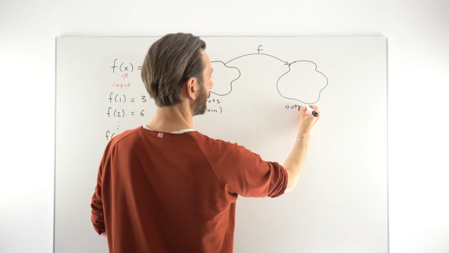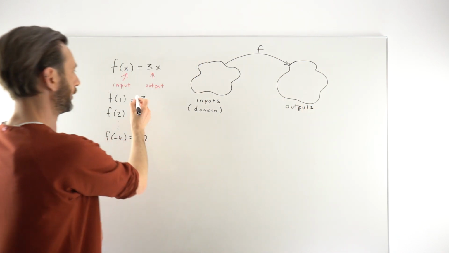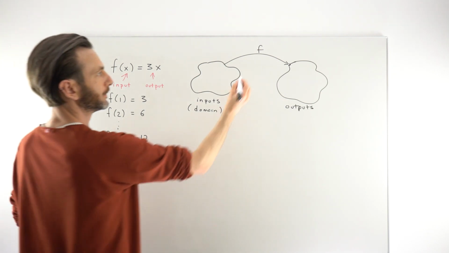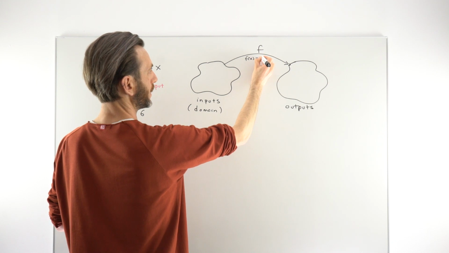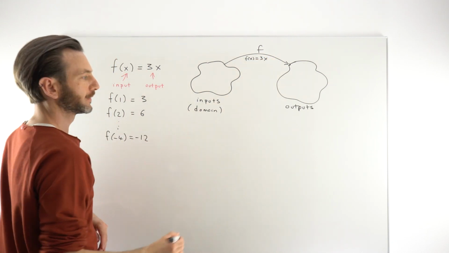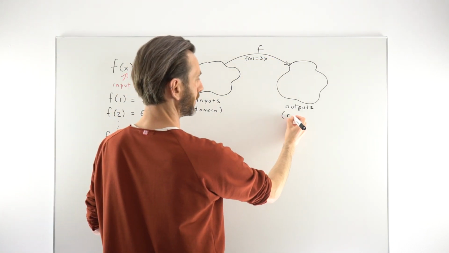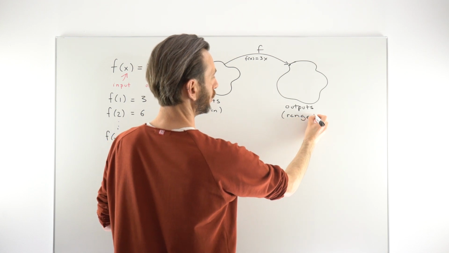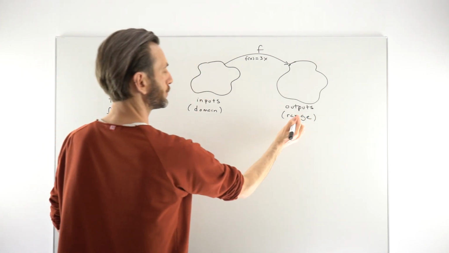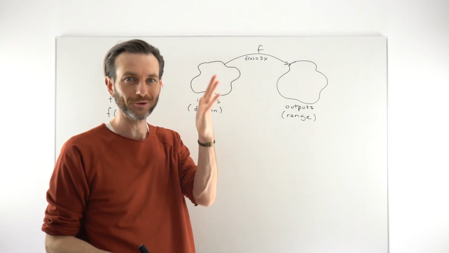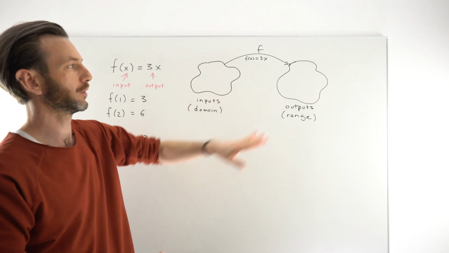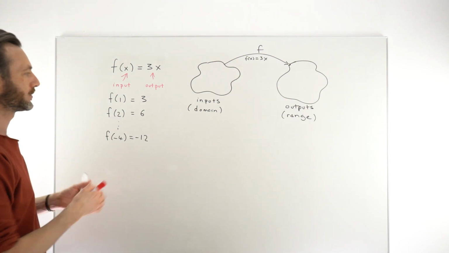To take the example that I just looked at, 3x, we would write f of x equals 3x up there. And I'll call this by its fancy name, which is the range. Don't worry too much about domain and range. I'm just putting those out there now so that you have those in your mind already, but you can just think of them as inputs and outputs at this point. So let's take some of the examples we had.